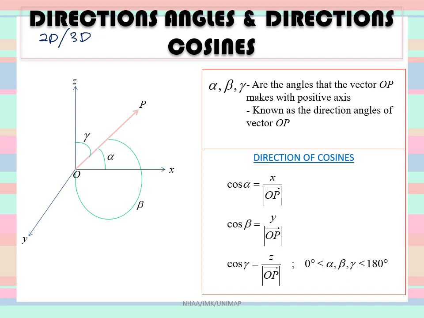There are three angles for a 3D plane, including the angle from the x-axis. Let's say you have point O here and point P here. When you connect O to P, you will create vector OP. This is called position vector OP.